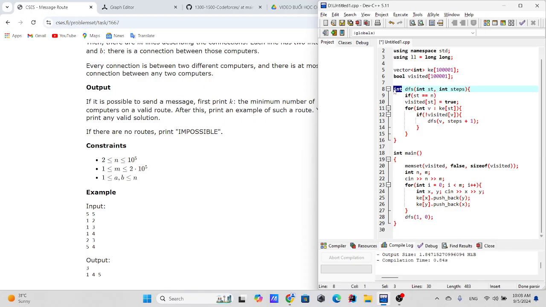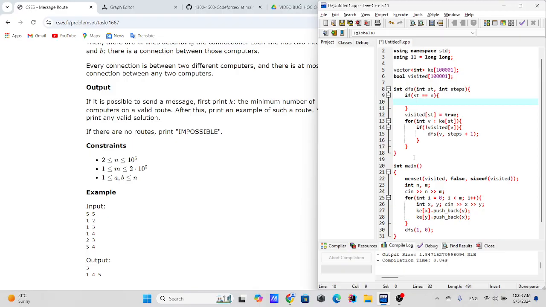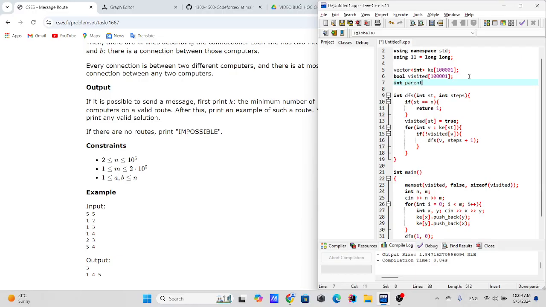Parent. Yeah. Parent of, parent, -1 size of parent.